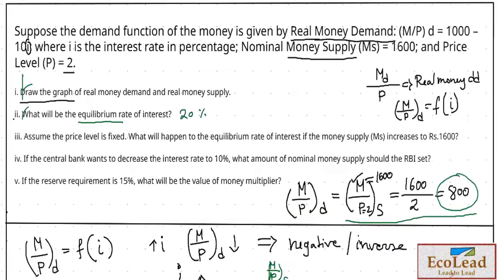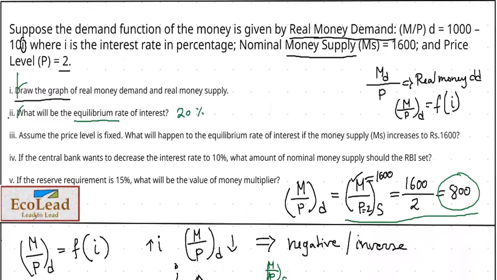Next question: assume the price level is fixed. What will happen to the equilibrium interest rate if money supply increases to 1600? Actually, here there is a correction. It will be money supply increases to 1800, and also in question number 4, the central bank wants to decrease the money supply at an interest rate of 8.